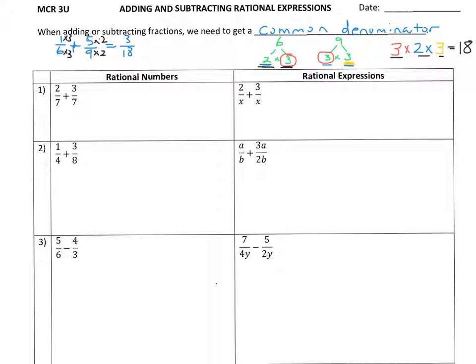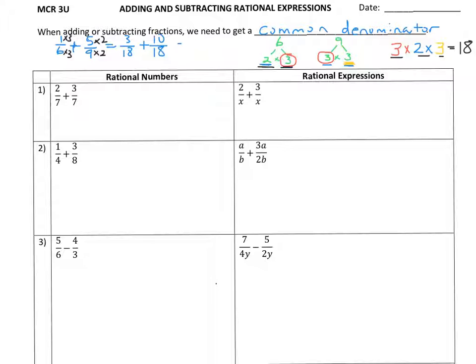Now this might seem a lot more complicated than the process you're used to thinking of, but I'm going back to our roots here. What the process was right at the beginning when we first learned how to do this, because that's going to help us with our rational expressions. So 5 times 2 is our 10, and 9 times 2 is 18. So 5/9 is equivalent to 10/18.